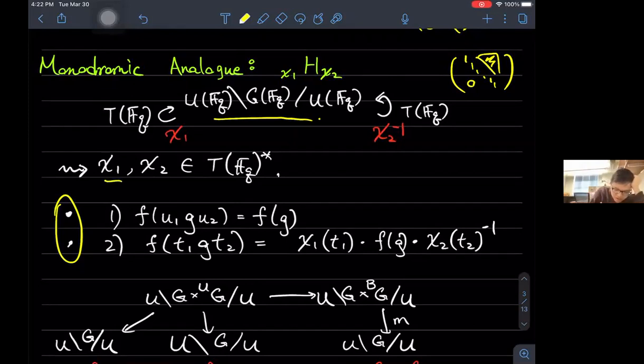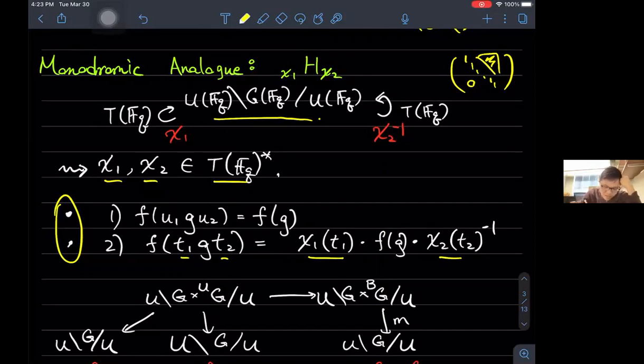And also, I first fix two characters chi1 and chi2 of the finite torus, which is a finite group. Then I require that if you left or right multiply by an element in T(F_q), it changes according to the character values of chi1 and chi2.